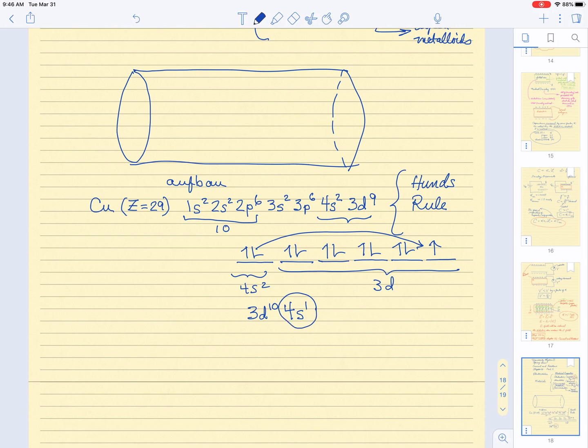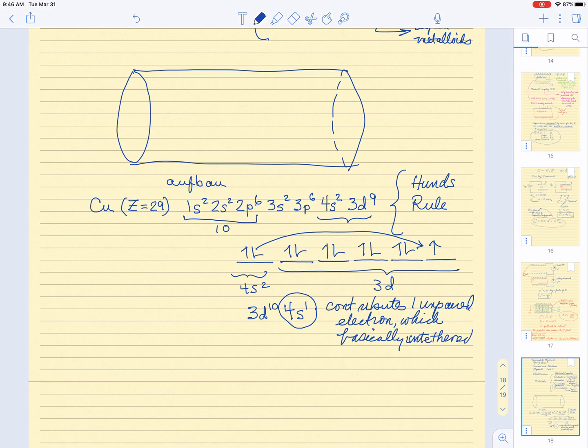So the 4s1, right, contributes one unpaired electron, which is basically untethered.